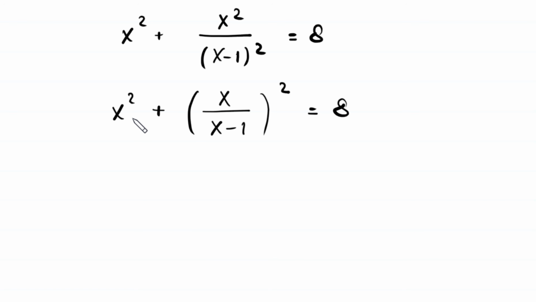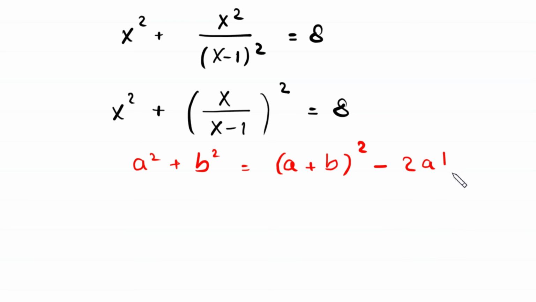We have sum of two squares, so by using this algebraic identity, a squared plus b squared equal to (a plus b) whole squared minus 2ab. Here we have x as a and x over (x minus 1) as b.